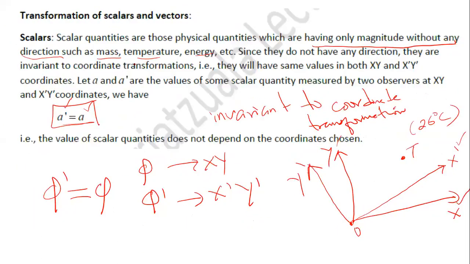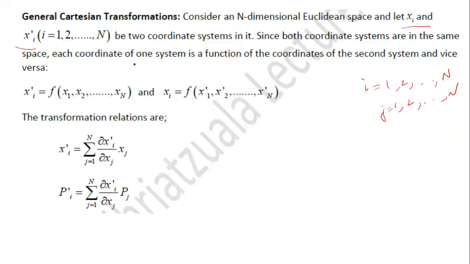Okay, so like that, you can see that the coordinate variables in the primed coordinates, xi prime, can be expressed as functions of coordinate variables in unprimed, and vice versa. The coordinate variables in unprimed coordinates can be expressed as functions of coordinate variables in primed coordinates.